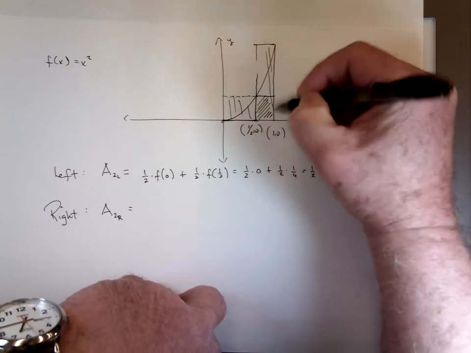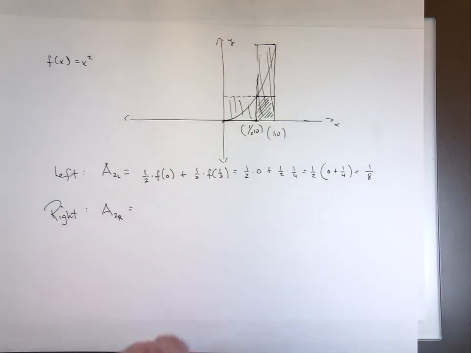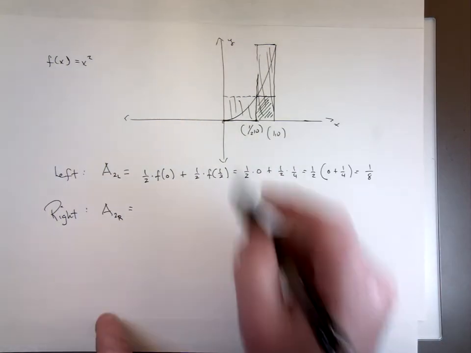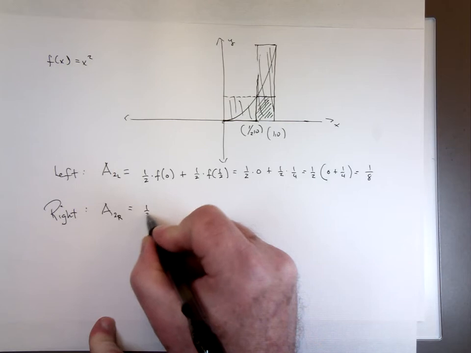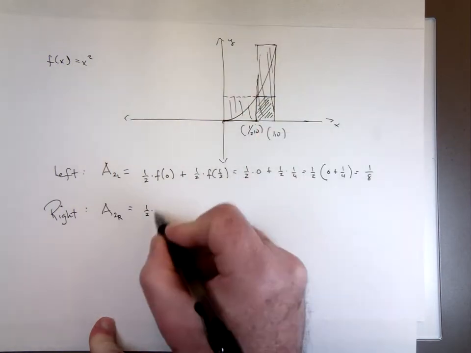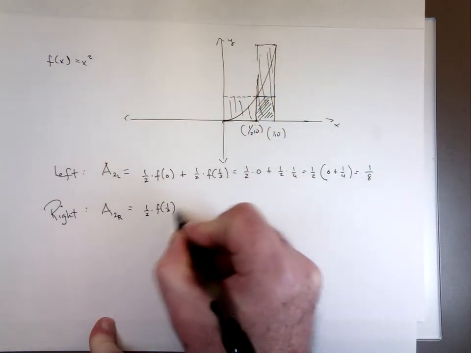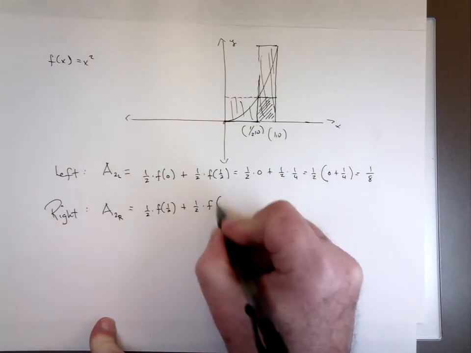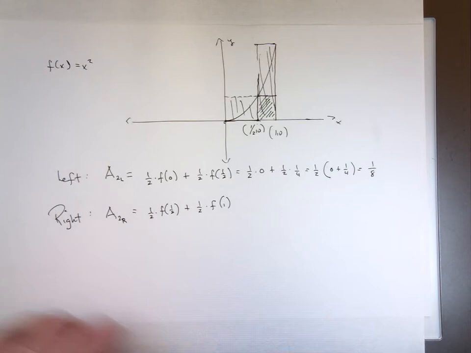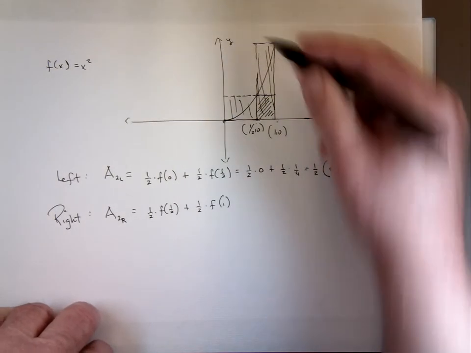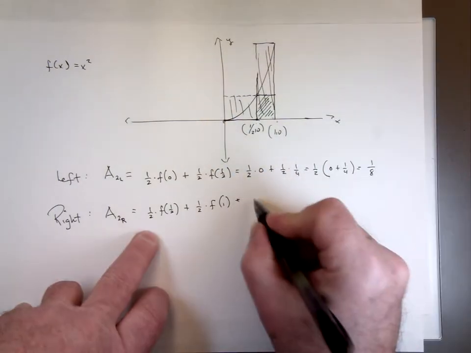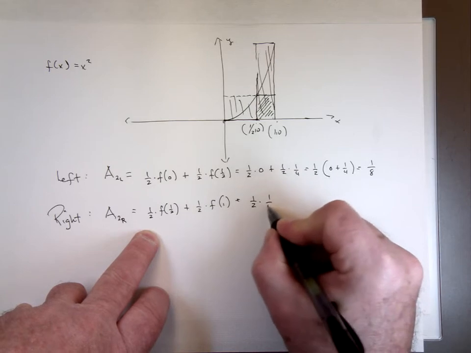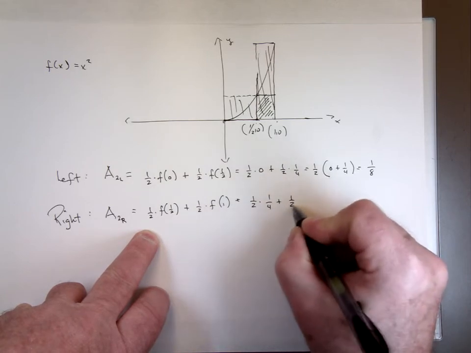Those are the right endpoints. So, what's it equal to? 1/2 times this height, f of 1/2, plus another 1/2 times f of 1. That's this height right here. That's equal to 1/2 times 1/4 plus 1/2 times 1, since f of 1 is 1.